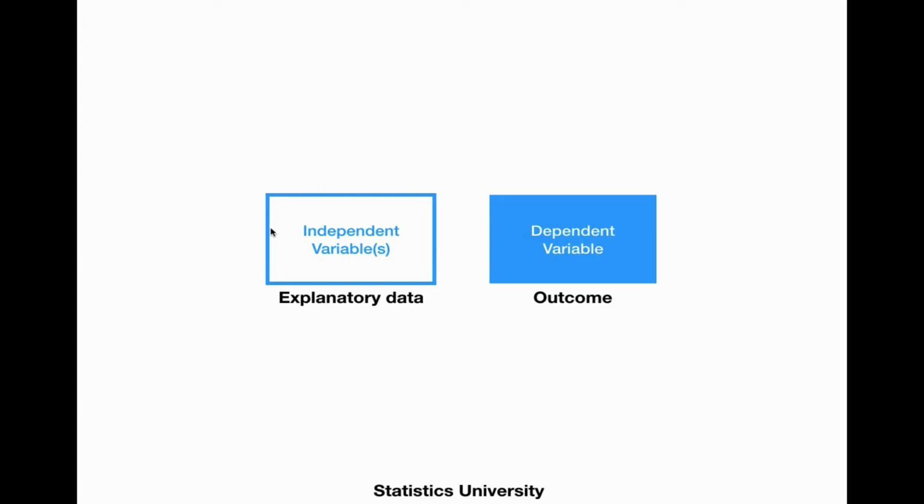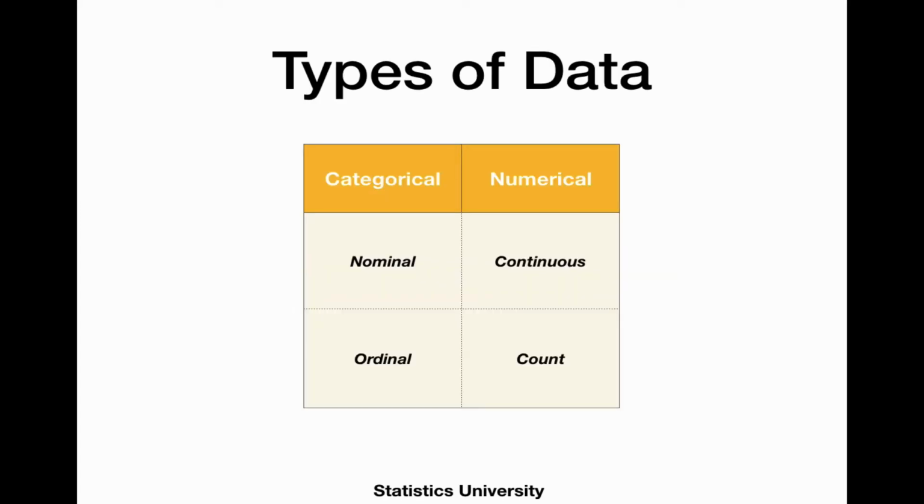So those other variables are called explanatory data and independent variables, whereas the outcome is called dependent variable, since it should depend on the input of the explanatory data. Certain synonyms are often used, like predictor or covariate, but they actually refer to the function of independent variables within certain types of analysis.